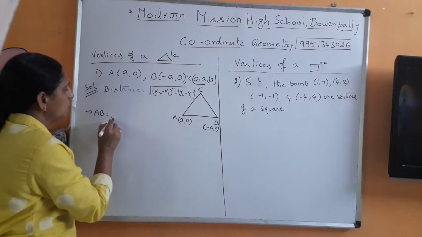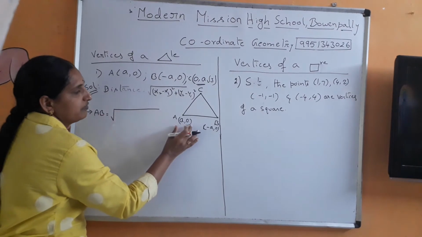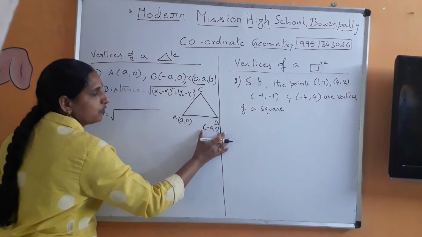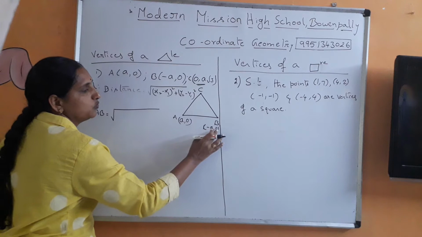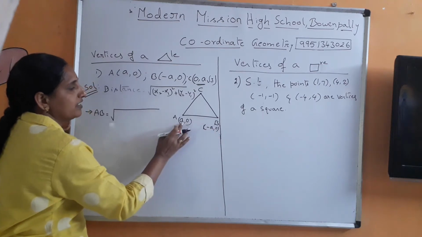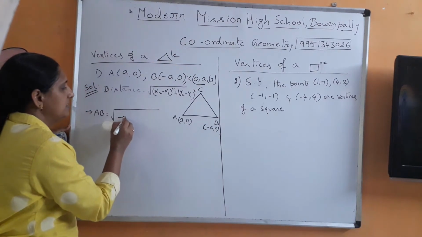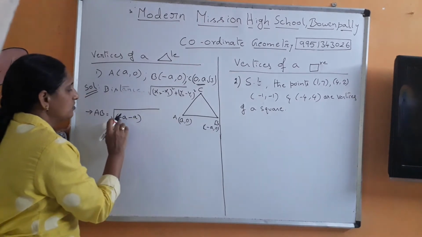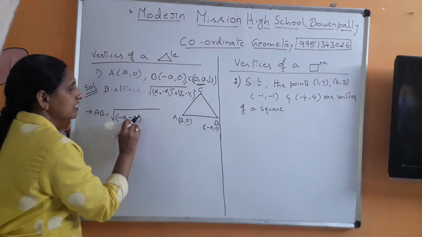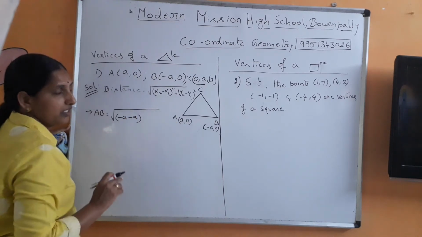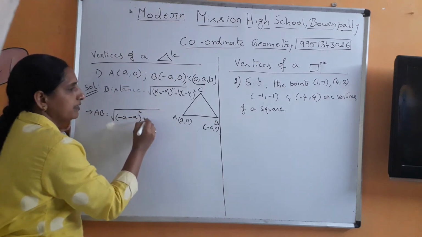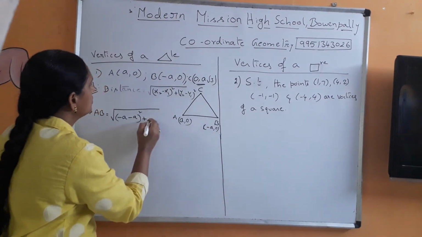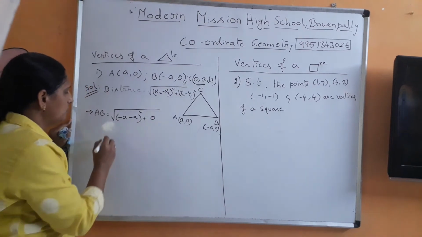AB is equal to root of x2 minus x1, that is minus a minus a, because x2 is minus a and x1 is a, whole square, plus y2 minus y1, which is 0 minus 0, so it is 0.